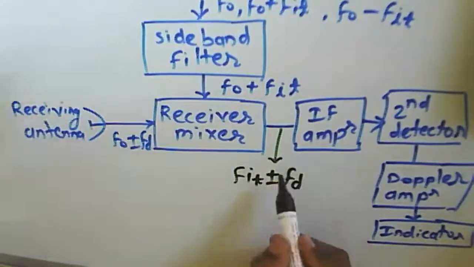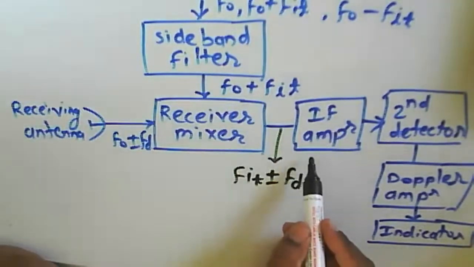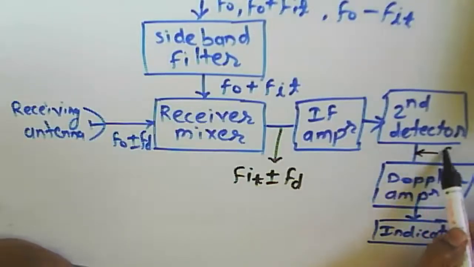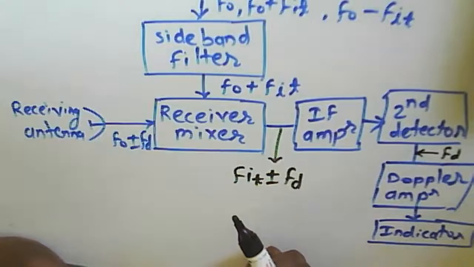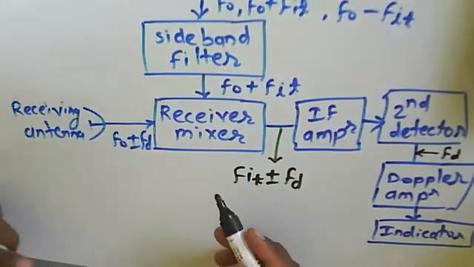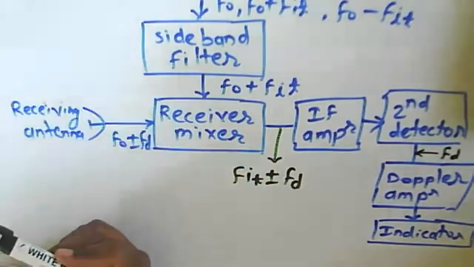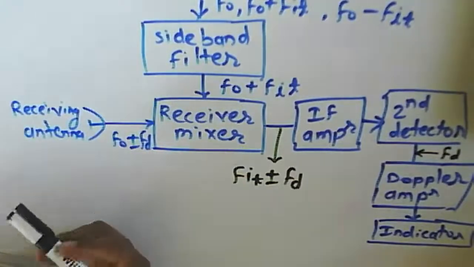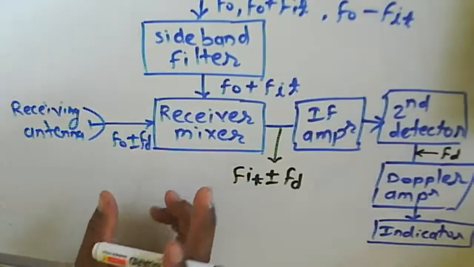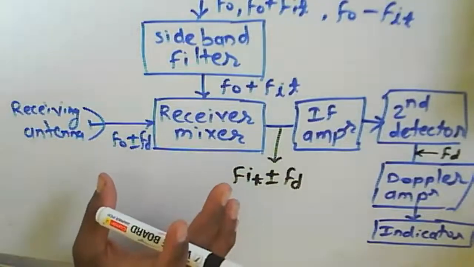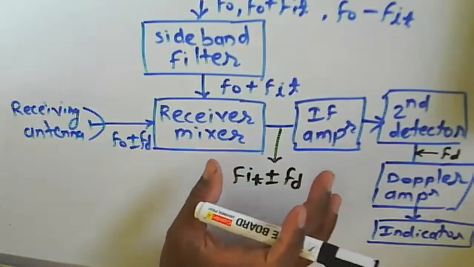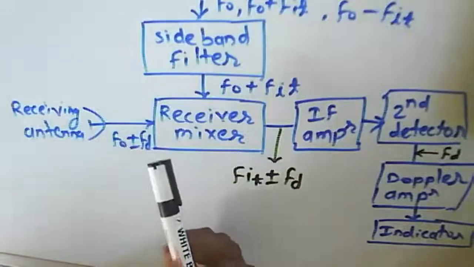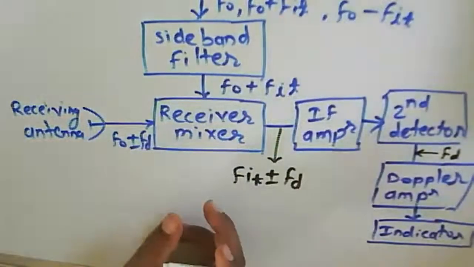After this IF amplifier, we are supposed to get f_D here. So again, a second detector will exactly identify what will be the f_D here. So this one is about a block diagram of a CW radar with an IF receiver, and that receiver section is called a superheterodyne receiver in this case.